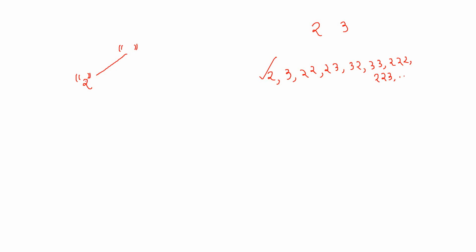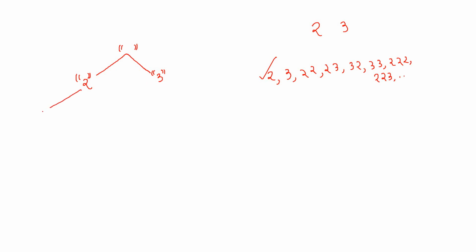Empty string plus 2 is 2. Then this is one possibility, but I have one more digit 3, right? So with this empty string I can concatenate 3, and I will be getting 2 and 3. Now I have two options, either go with 2 or go with 3.